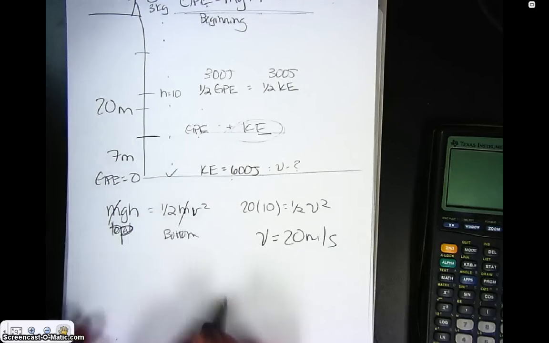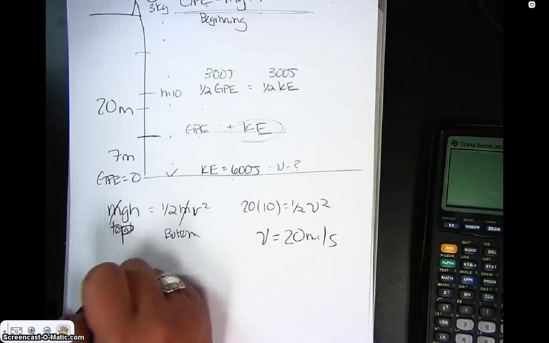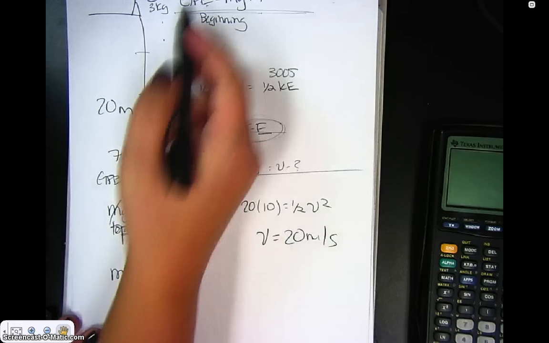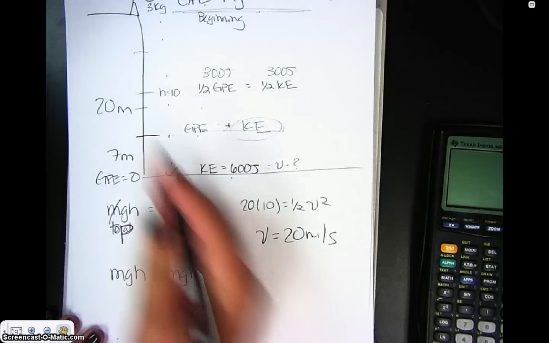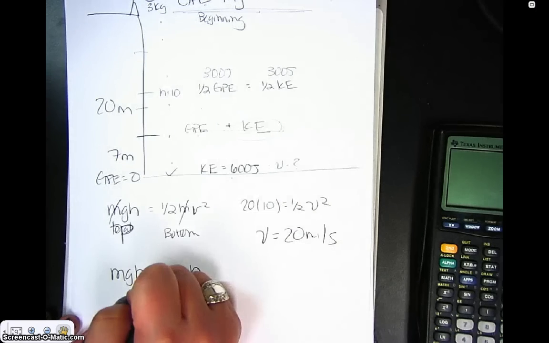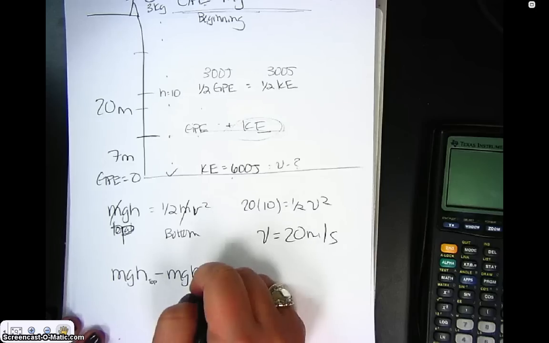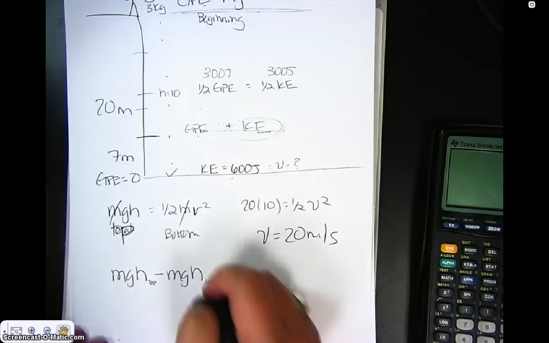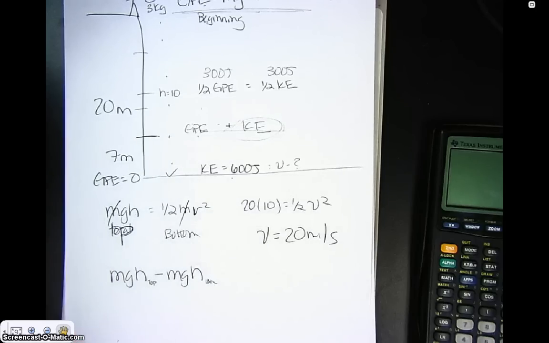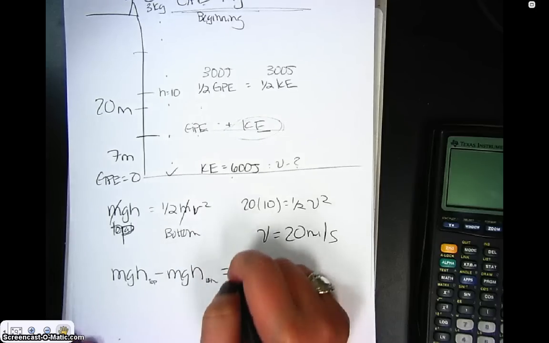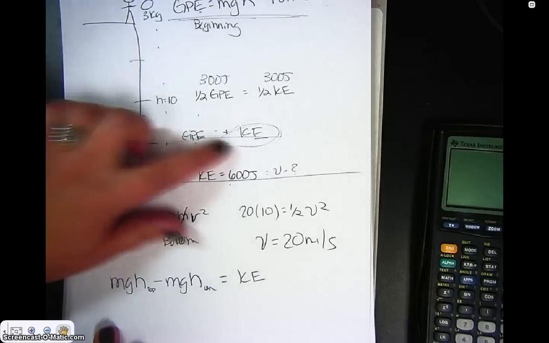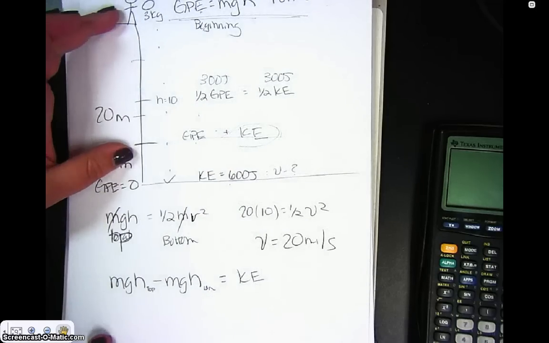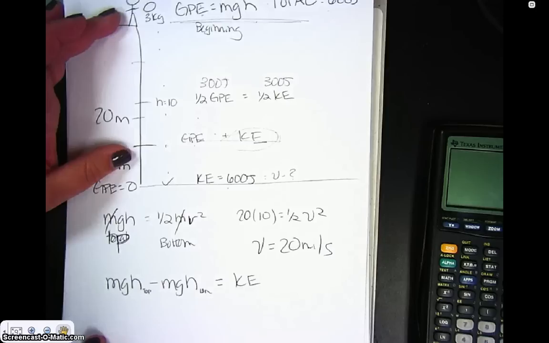So I could set that up and say, well, the difference between the mgh at the top and the mgh at some position 13 meters later has got to be equal to the kinetic energy that that object has at that position. So the difference here is going to be equal to KE. Well, the difference is 13 meters worth of gravitational potential energy.